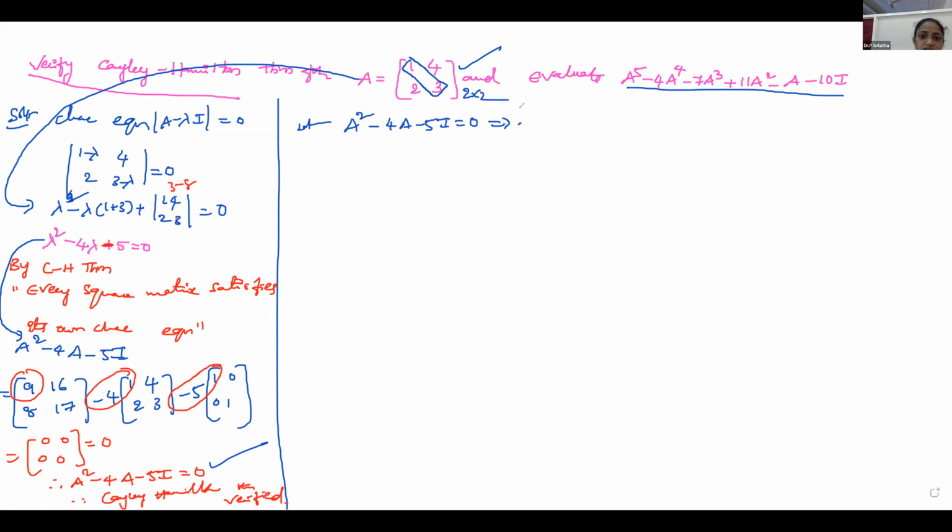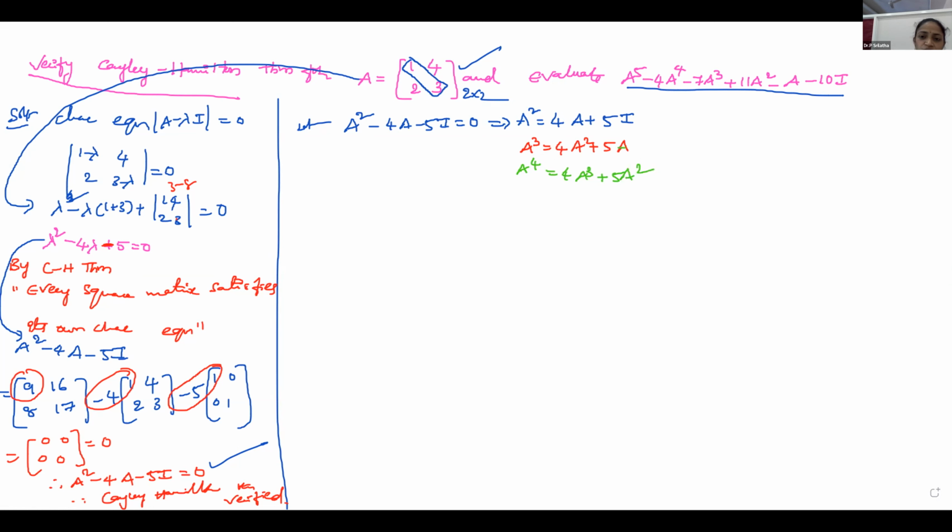From that we can write A square equal to 4A plus 5I, isn't it? If I multiply with A on both sides, we'll get A cube equal to 4A square plus 5A. Again multiply with A on both sides, we'll get A power 4 equal to 4A cube plus 5A square.